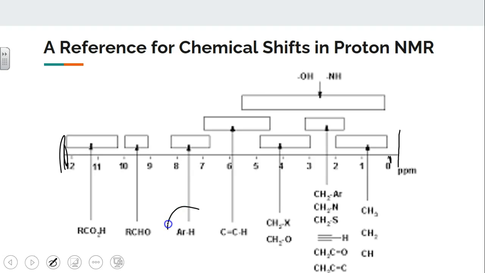The most common things are alkyl hydrogens between about 0.5 and 2, aromatics between 7 and 8 usually, and then other special hydrogens go on here, like aldehyde hydrogens, acid hydrogens, things like that. I'm sure you have one of these charts available to you, but this is one of the things you're going to need in order to interpret NMR.